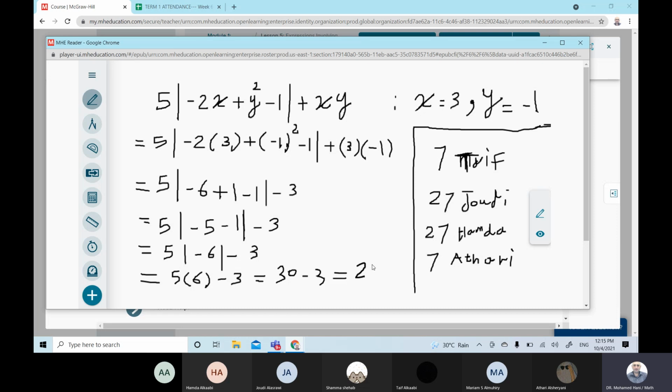So the right answer is for Judy and Hamda, sorry. I will add 5 marks to Judy and Hamda, and to Taif and Adari 2 marks.